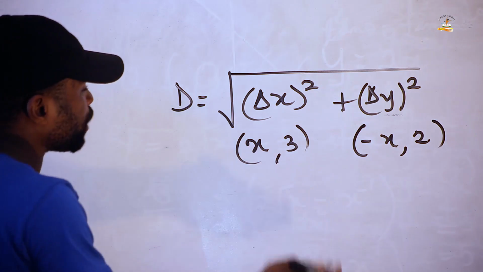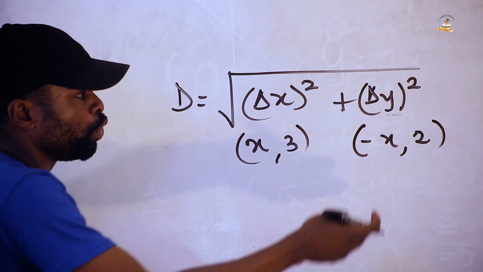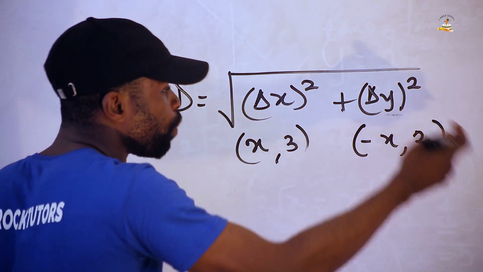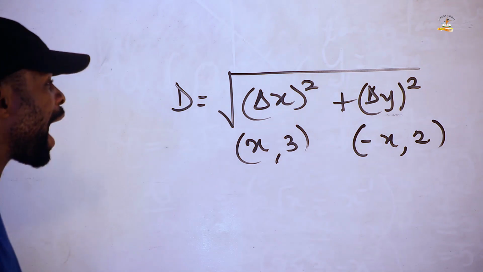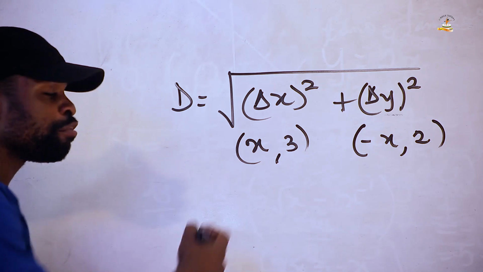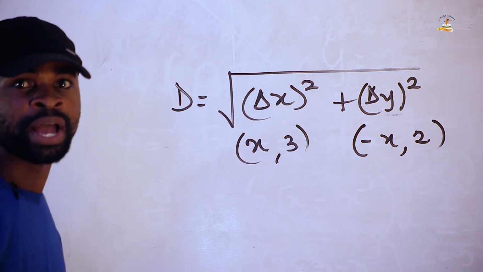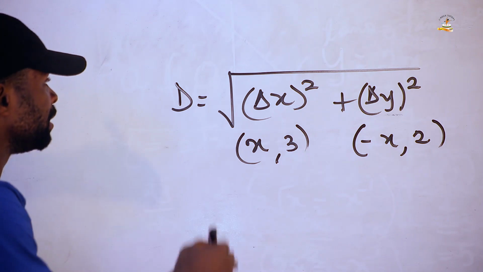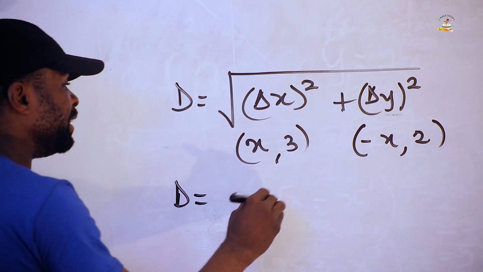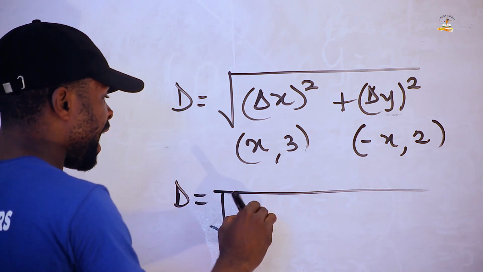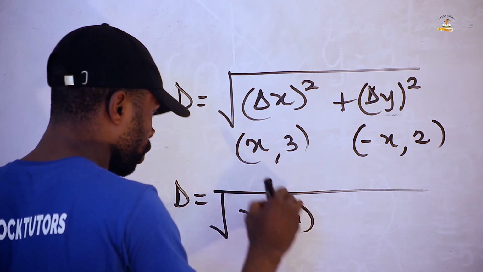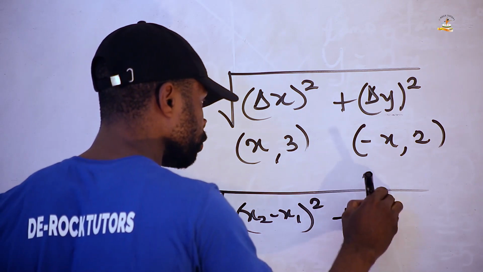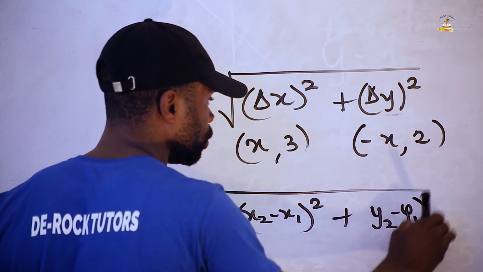Here we have x1, y1, x2, y2. The value of x in this example actually varies. Now, we recall that d is given as the square root of (x2 minus x1) all squared plus (y2 minus y1) all squared.